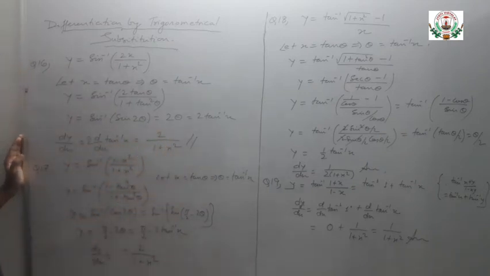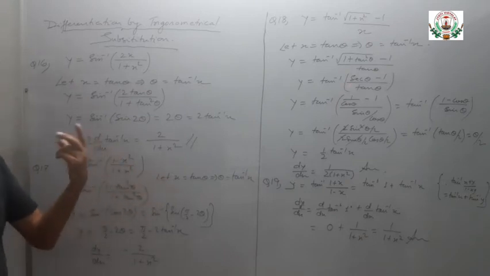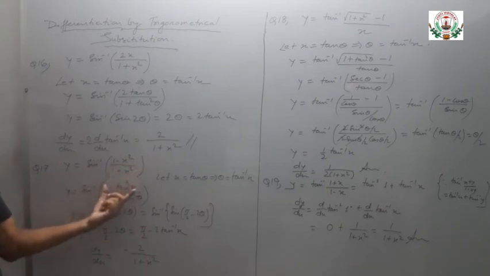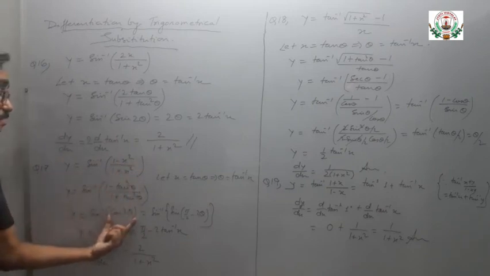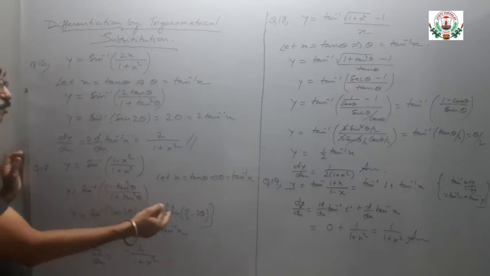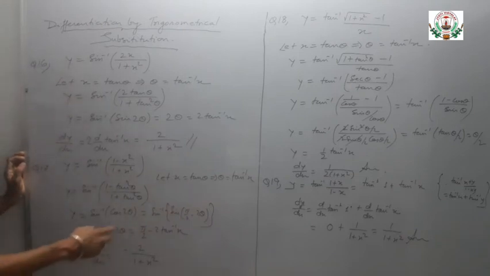If y equals sin inverse of 1 minus x square upon 1 plus x square, find dy by dx. Here if we take x equals tan theta, as we know from class 11, cos 2 theta equals 1 minus tan square theta upon 1 plus tan square theta. So we got cos 2 theta, but cos 2 theta can be converted to sine using a complementary angle, sine of 90 minus 2 theta.